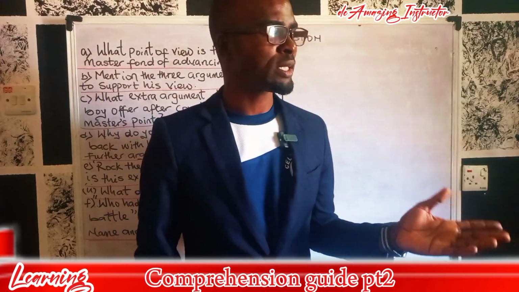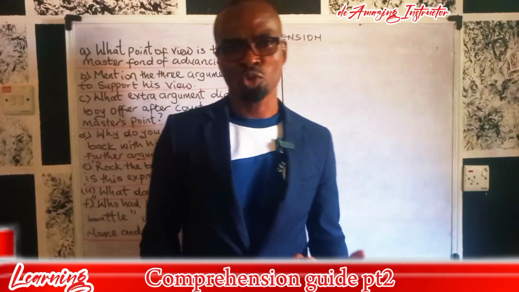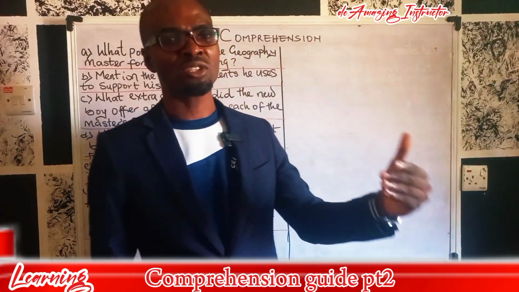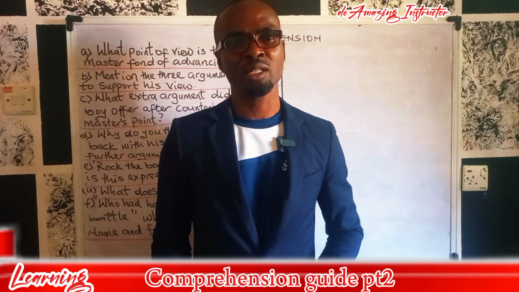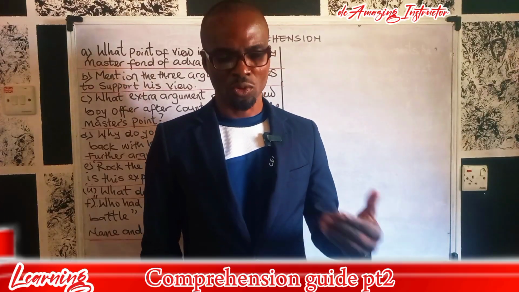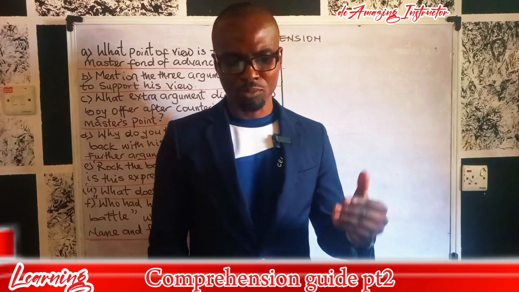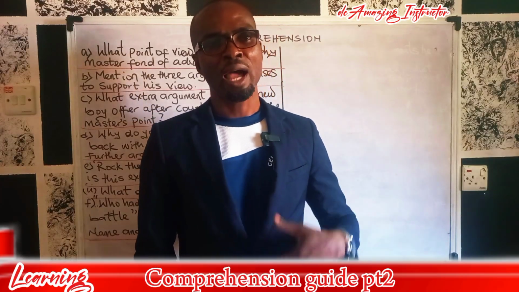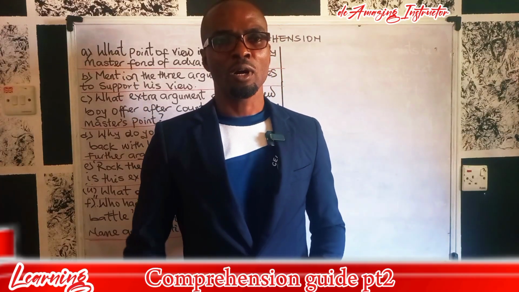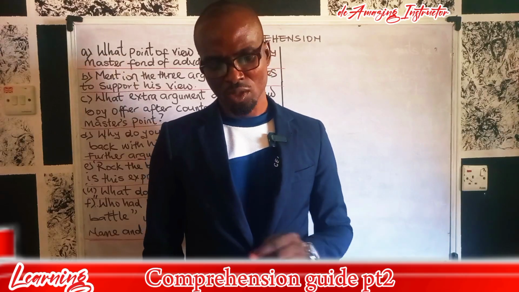So far, so good. We are going to consider a sampled passage today as we look into the step-by-step approach to answering questions on comprehension. It is from the WAEC past questions, and we are going to read it now, and then answer some related practice questions.